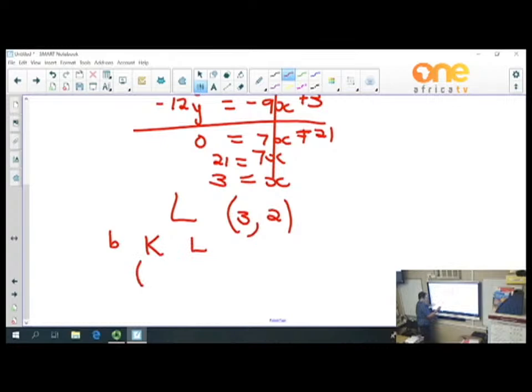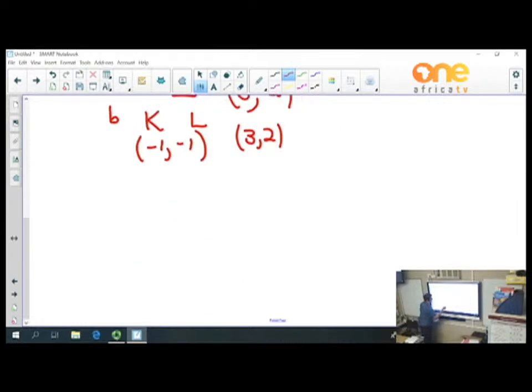So the coordinates of K is -1, -1. And the coordinates of L is 3, 2. I like to write it like this so that I know which coordinates I'm working with. Otherwise, you get confused here. So I want the length. Which formula is it then? Pythagoras. It doesn't matter which one is x1 and x2.